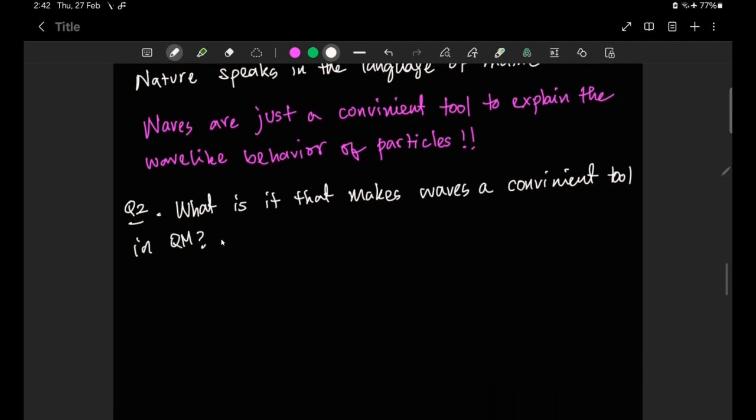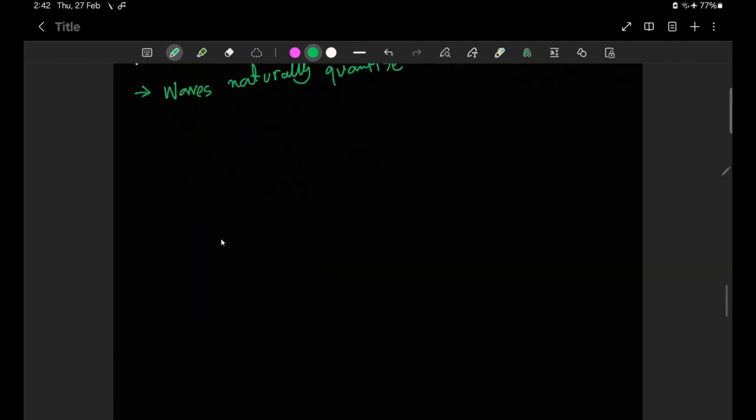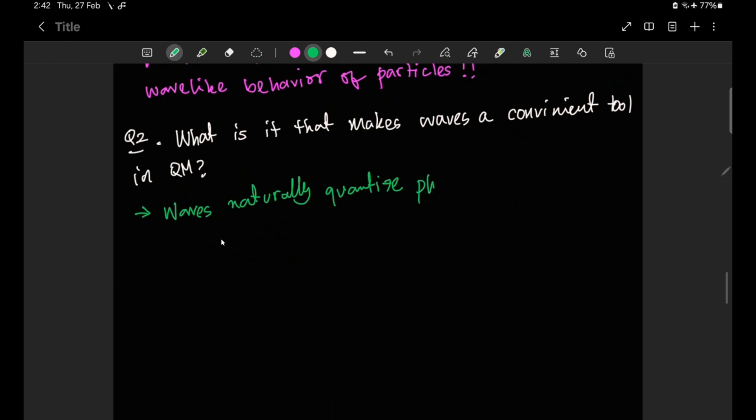It's just the fact that waves naturally quantize, right, physical properties. Let me give you an example.